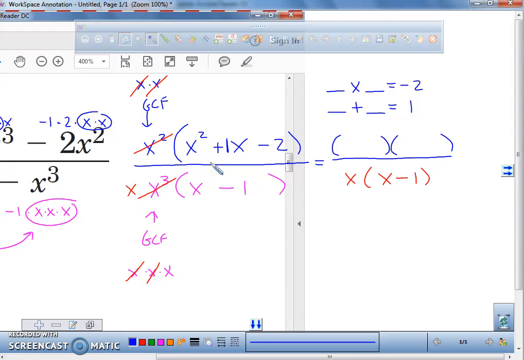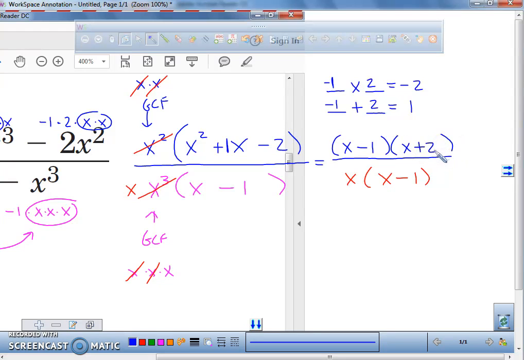So what 2 numbers multiply together to equal a negative 2 and add together to equal a positive 1? Negative 1 and a positive 2. So you could write x minus 1 and x plus 2.